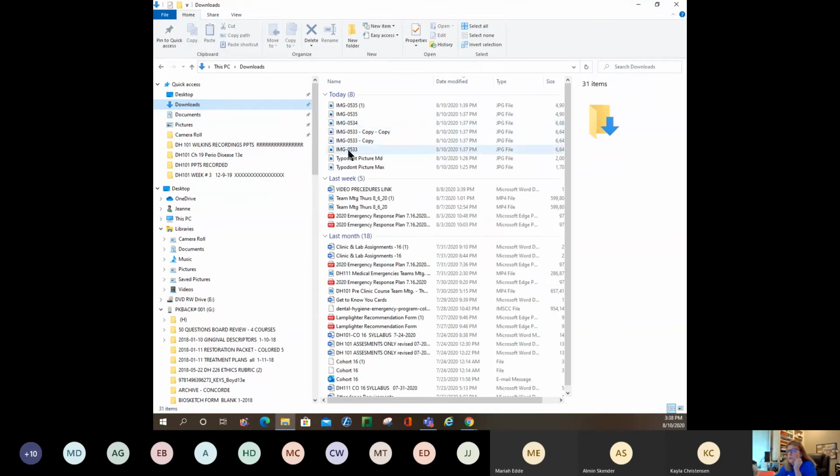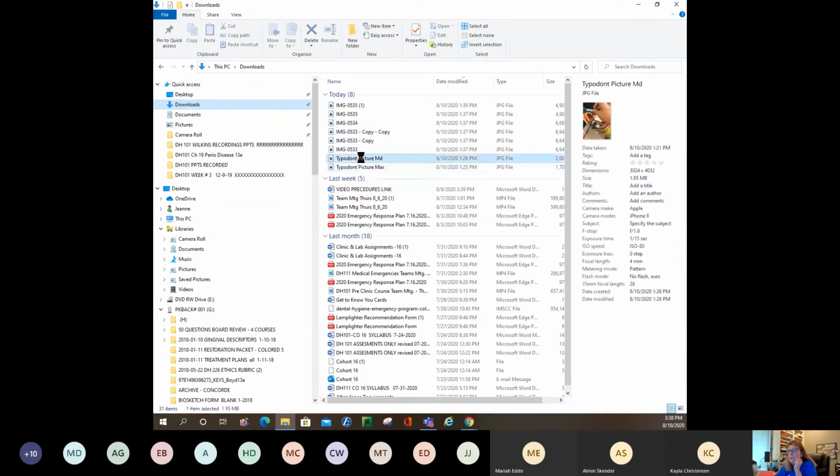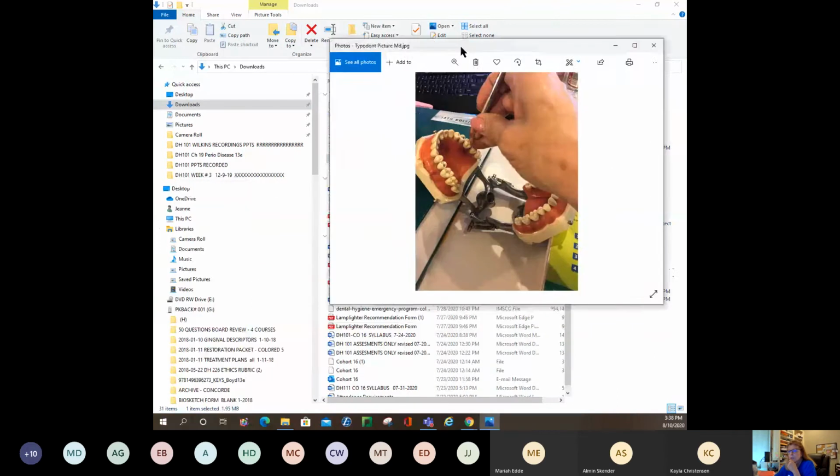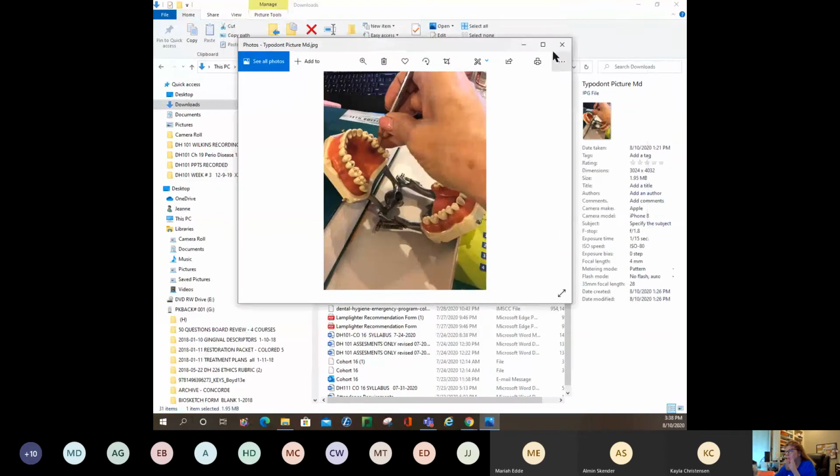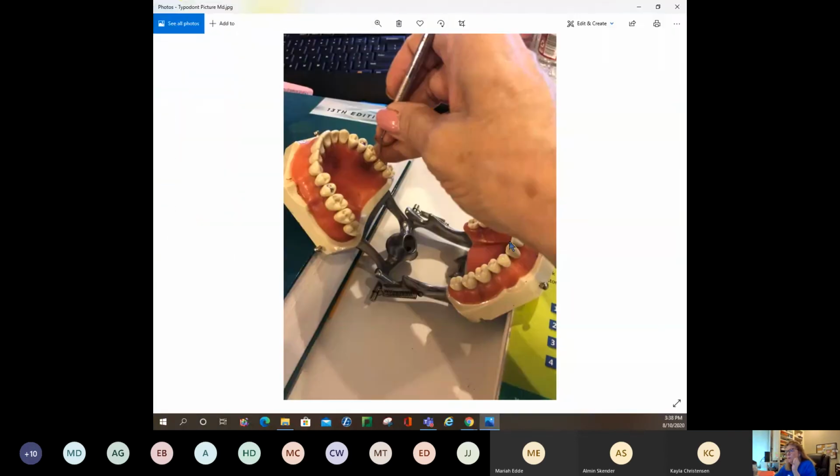This is how I set up my mandibular at home because it's hard to work. At school, we have little things that attach onto your chair and this typodont. Oh good, I can do this. You'll be able to, it won't move on you and you can really use it. Oh, this said mandibular, but it's maxillary. Okay, so this is how I set it up at home.